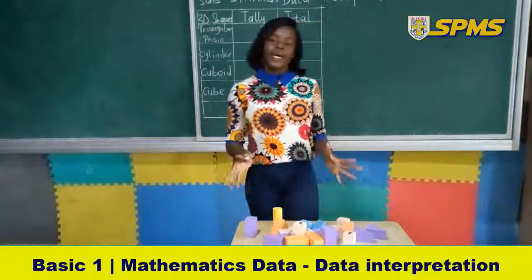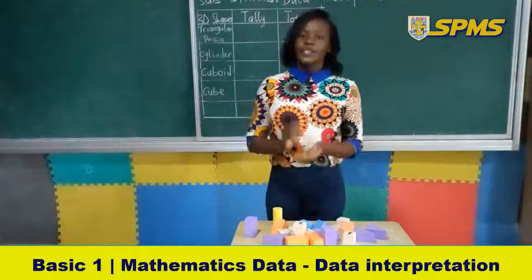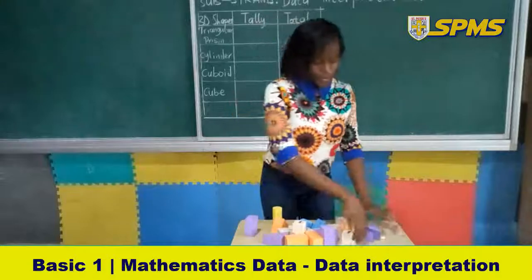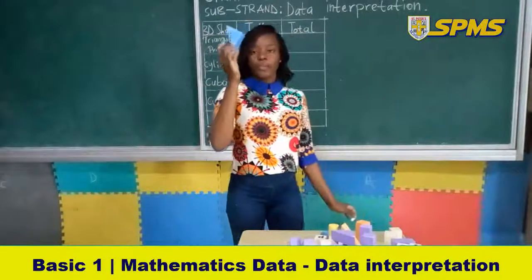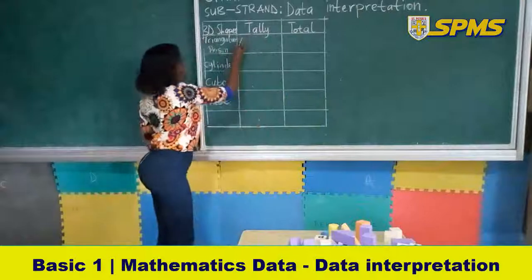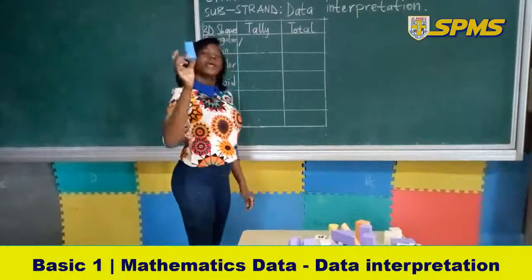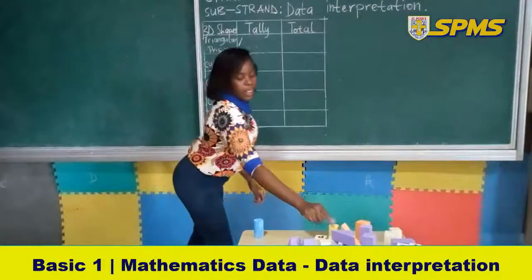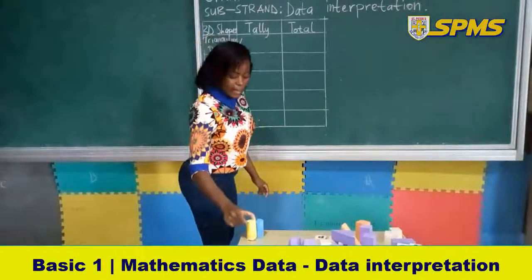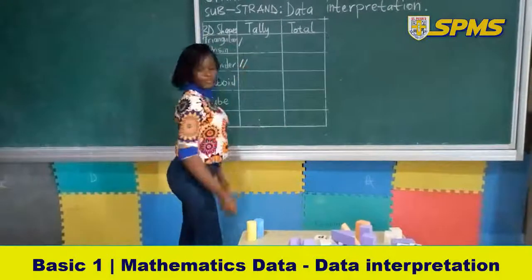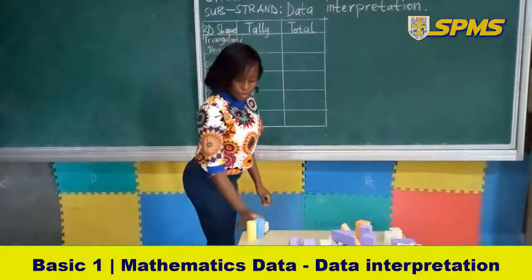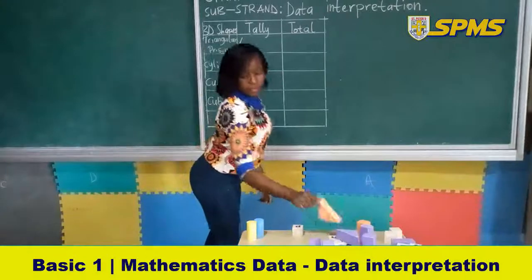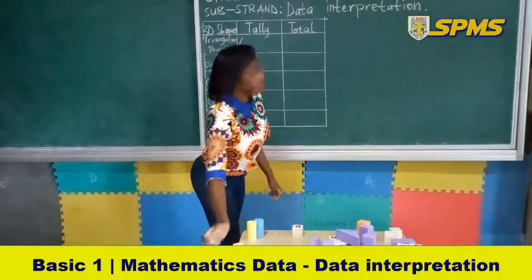Now let's move on. We are going to organize this raw data in order to fill the tally here. So let's go. This is a triangular prism. This is cylinder. This is a cylinder. This is cube. This is a triangular prism.